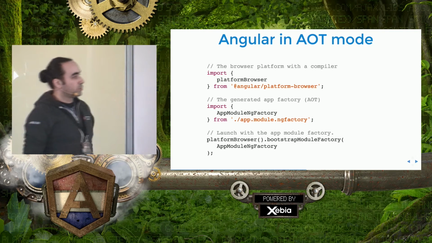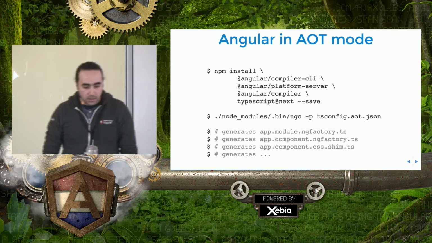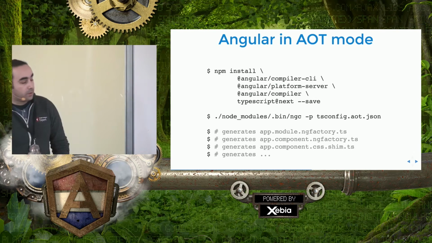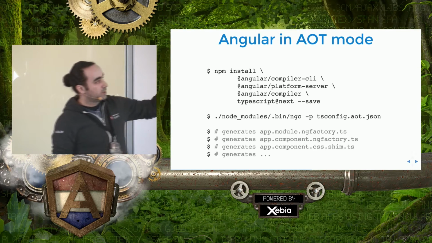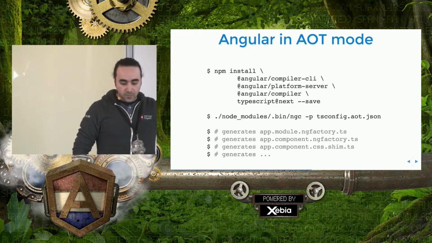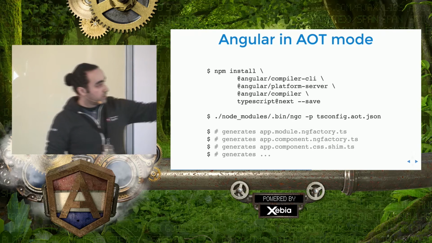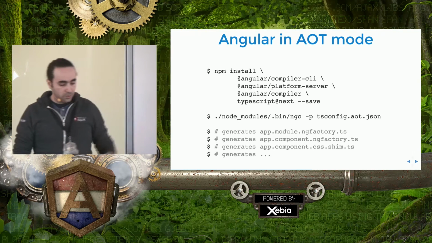And then you bootstrap your app using the platform browser. If you want to try this approach right now, just install those dependencies if you are not using the Angular CLI. The Angular compiler-CLI gives you this ngc binary, which lives inside your node modules.